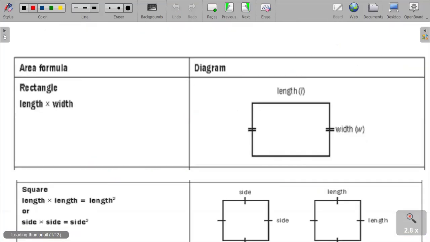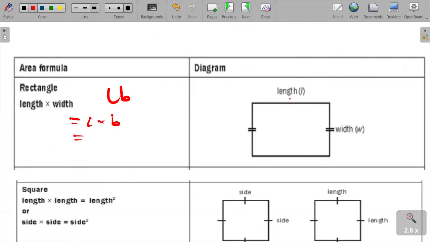So we have also got the formulas for calculating a rectangle. The area of a rectangle is equal to LW, or we can say LB: length times breadth gives us the area of a rectangle.